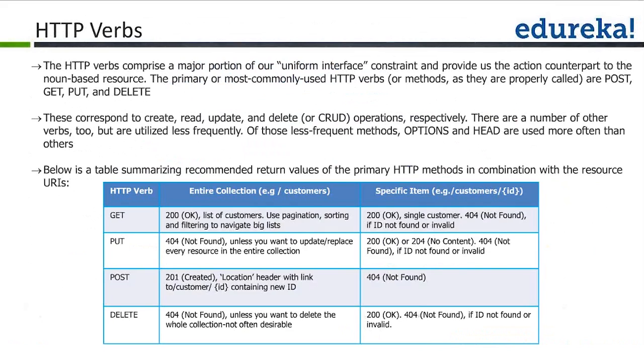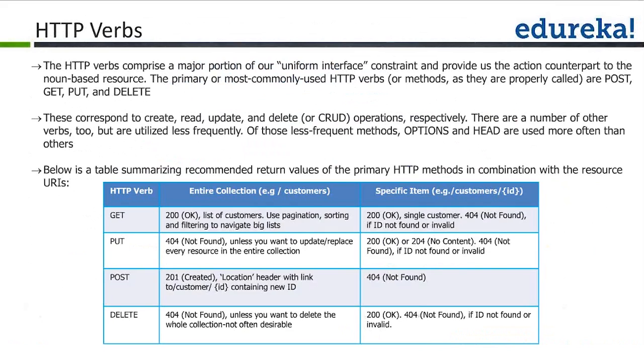We have been saying that your URI should be a noun, and this is the preference for how the URI should sound, that you should prefer to have nouns. And for every resource that you want to fetch with your URI, you have to use an HTTP verb, which is actually an HTTP operation.